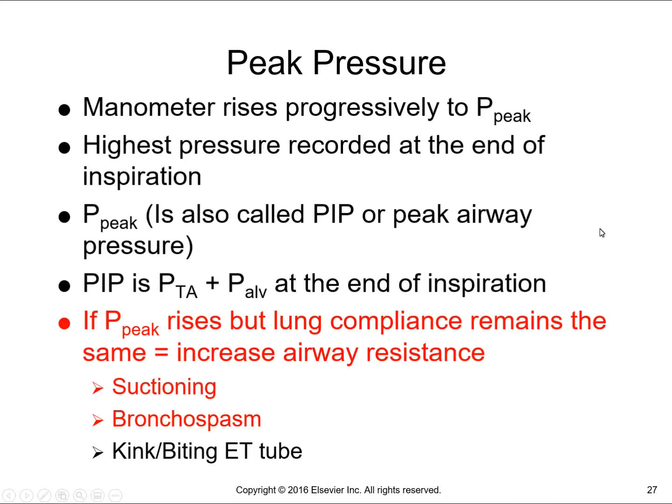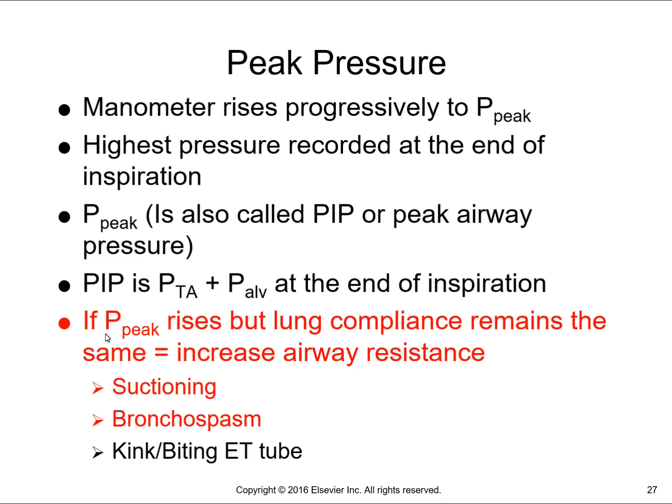When we talk about peak pressures, that is the highest pressure that the lungs will have at the end of inspiration. Peak pressure, or PIP, peak inspiratory pressure. Remember, if your peak pressure rises and your plateau stays the same, that means you only have an increase in airway resistance.